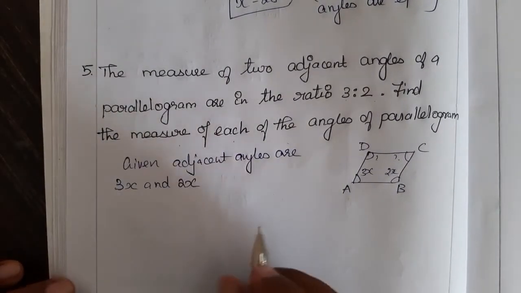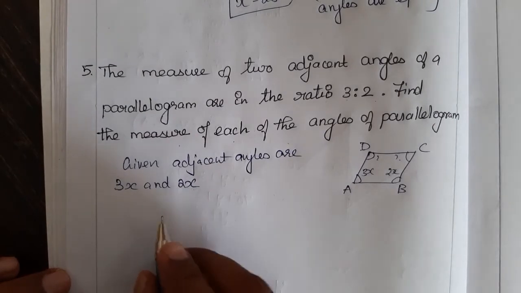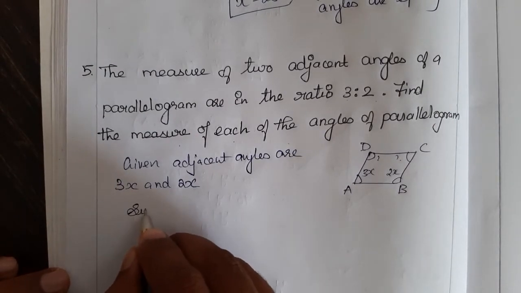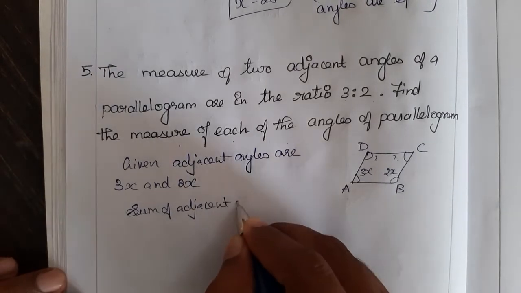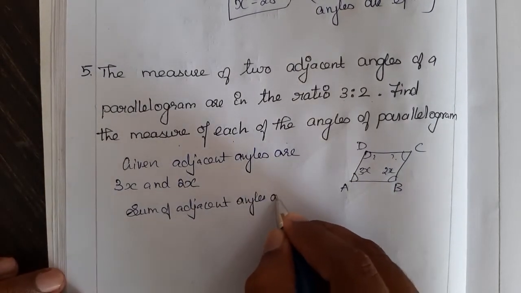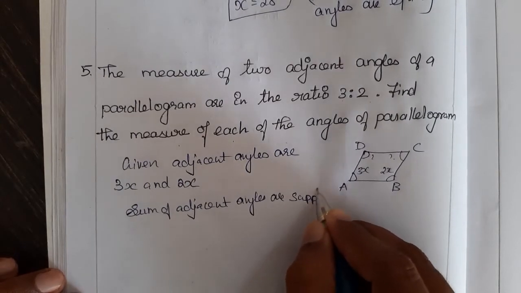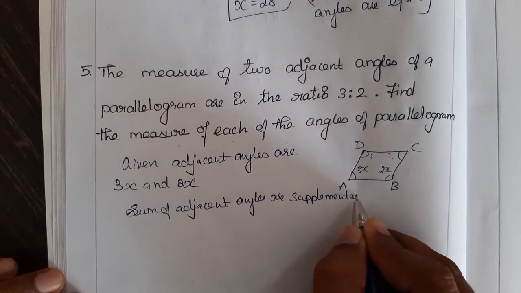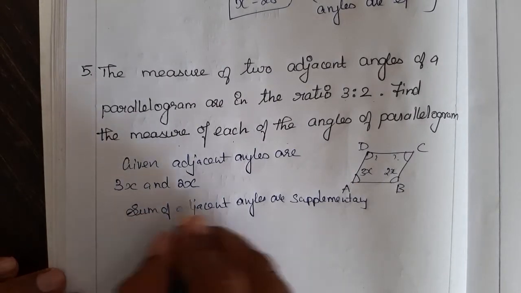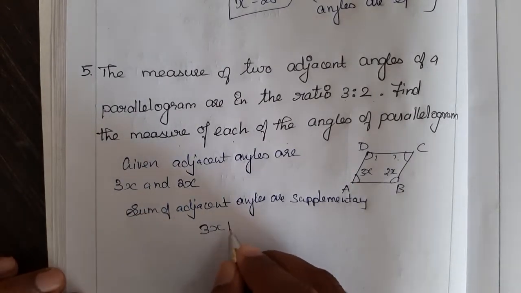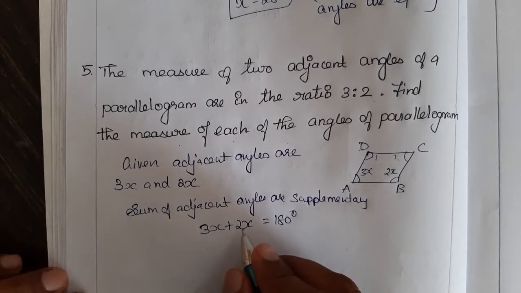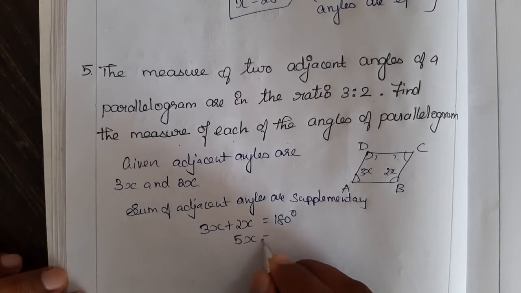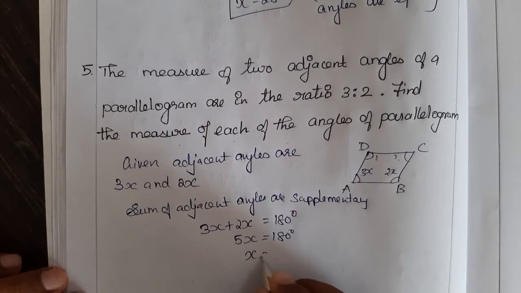We know the sum of adjacent angles is supplementary, which means adding both we get 180. 3x plus 2x is equal to 180 degrees, and 3x plus 2x is 5x. So 5x is equal to 180 degrees. x is equal to 180 degrees divided by 5.